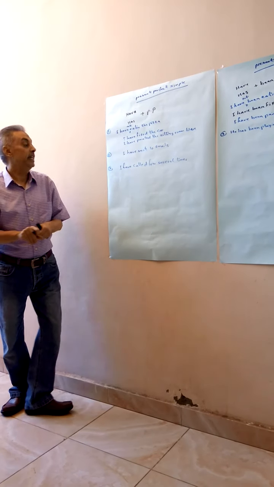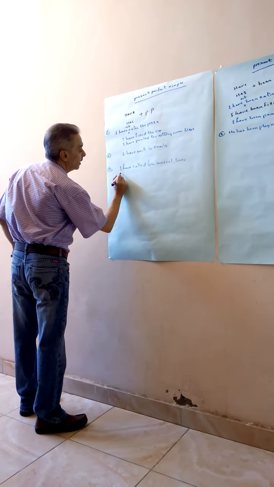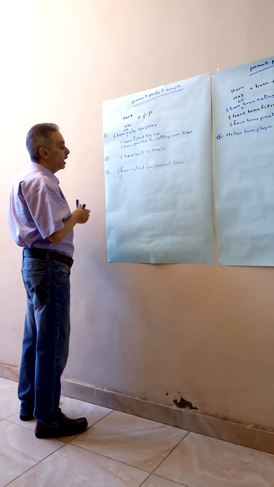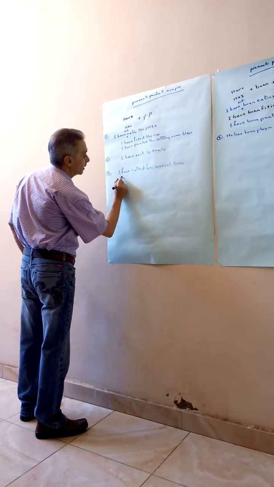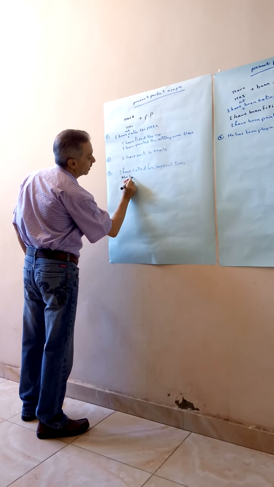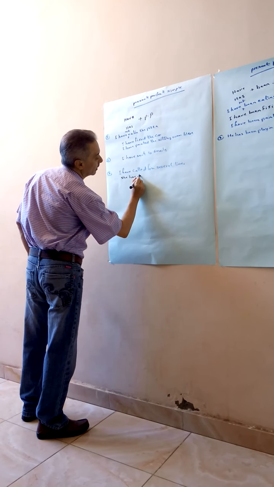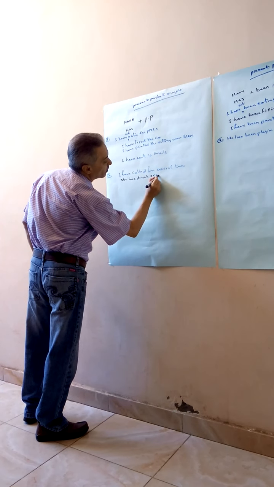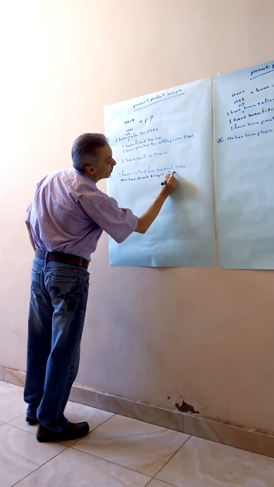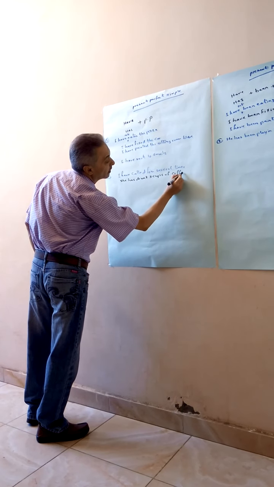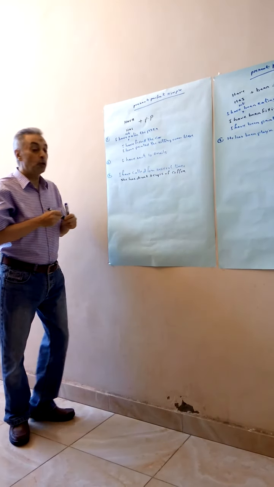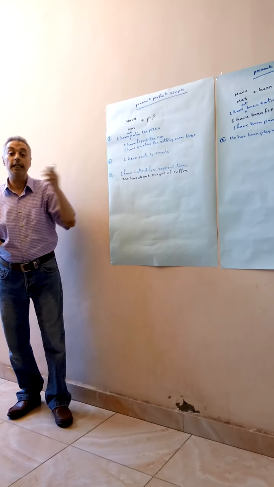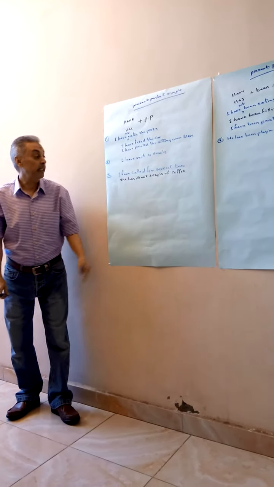Or we can say, she has drunk 3 cups of coffee. It tells you how many times the activity or the action has happened.